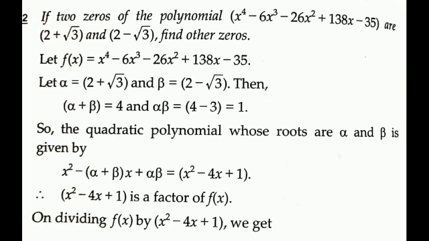So here we can have x square minus alpha plus beta into x plus alpha into beta, which is equal to x square minus 4x plus 1. And we can say, since we have obtained this expression using the factors 2 plus root 3 and 2 minus root 3, therefore x square minus 4x plus 1 is a factor of the given polynomial f(x).